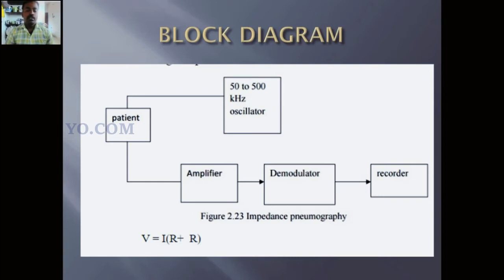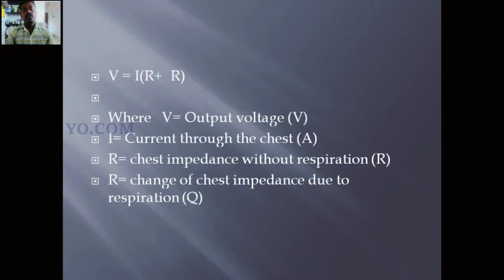Here the output voltage V equals I into (R plus ΔR). V is the output voltage, I is the current through the chest in amperes, R is the chest impedance without respiration, and ΔR is the change of chest impedance due to respiration.